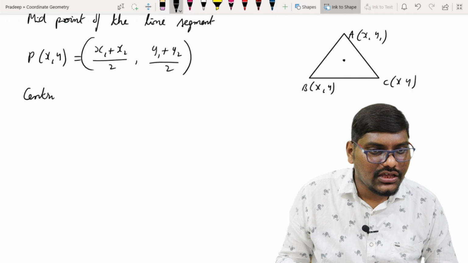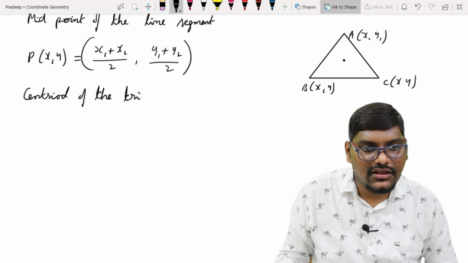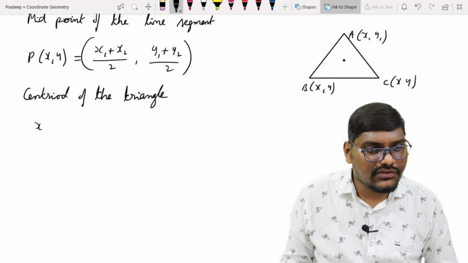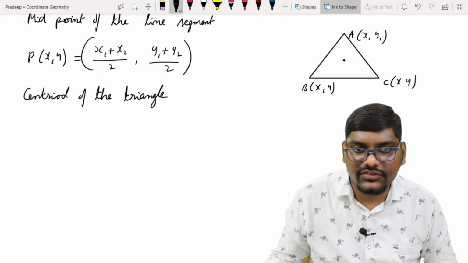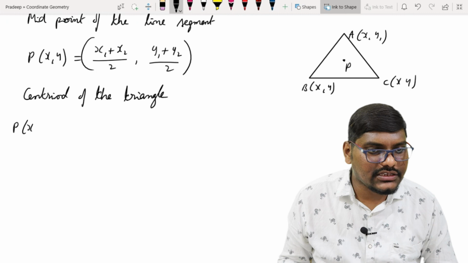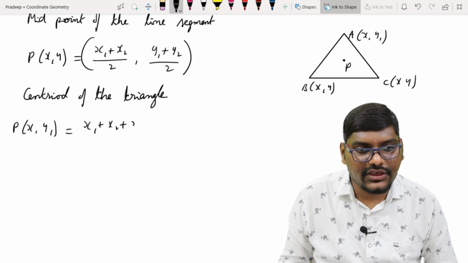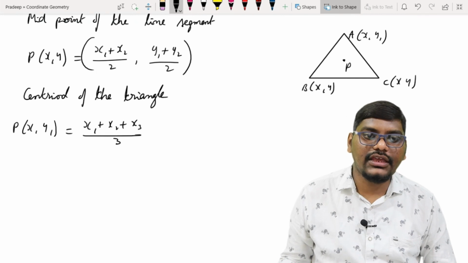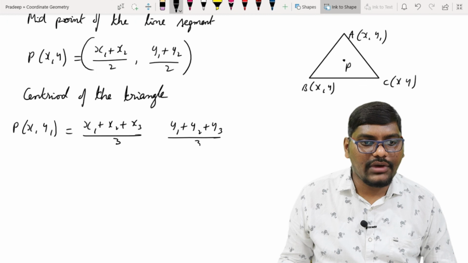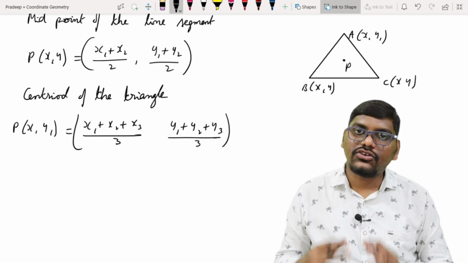For the centroid we can use the formula: taking the point as P, P (x, y) equals x1 plus x2 plus x3 whole by 3, and y1 plus y2 plus y3 whole by 3. So these are the coordinates of the centroid of the triangle.